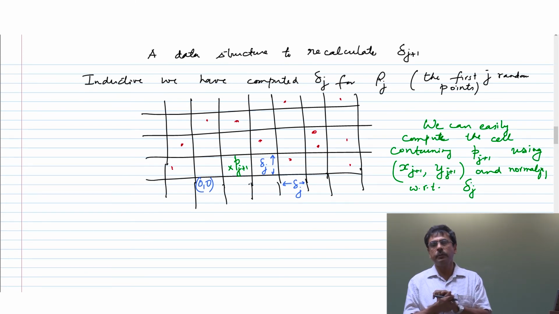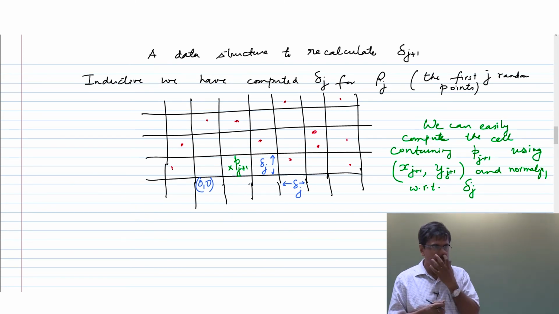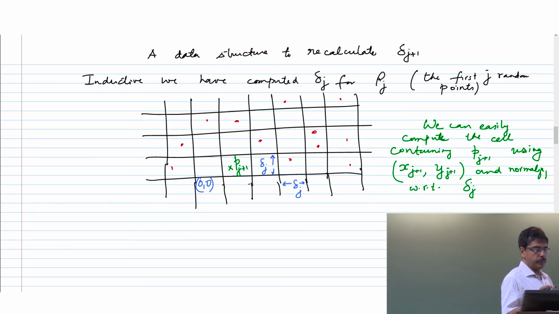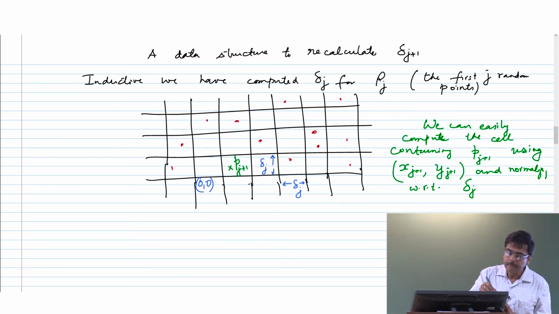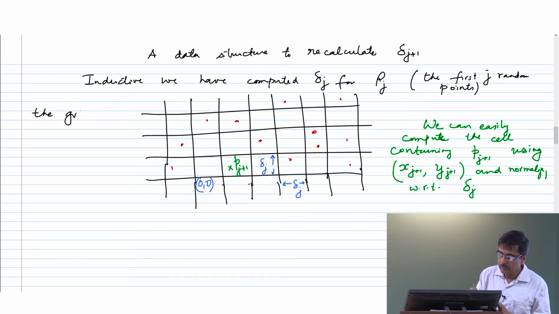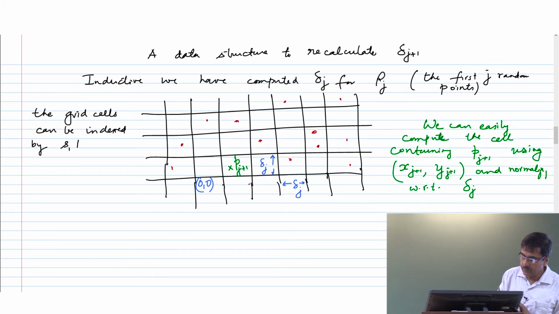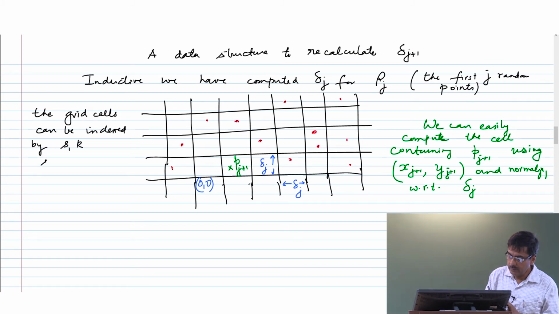The cells are going to be numbered by integers. Cells can be indexed by pairs of integers. Let me write it down. The grid cells can be indexed by pairs of integers.